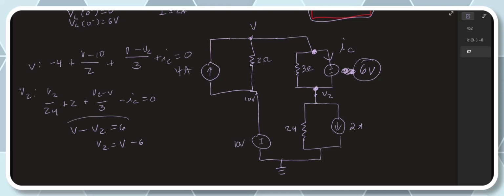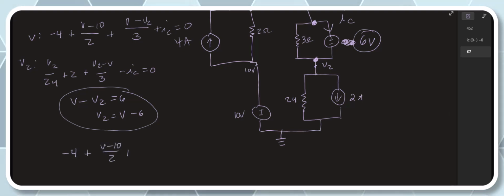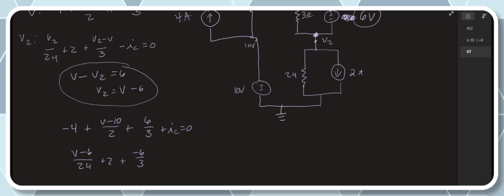So using those two, I'll go to the first equation and I'll write minus 4 plus V minus 10 over 2 plus V minus V2, which is 6, over 3 plus IC equals 0. And then my second equation, V2 is V minus 6. So I'll write V minus 6 over 24 plus 2 plus V2 minus V. Well, V minus V2 is 6, so V2 minus V is negative 6 over 3 minus IC equals 0.